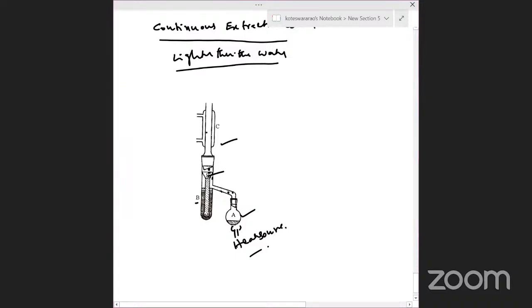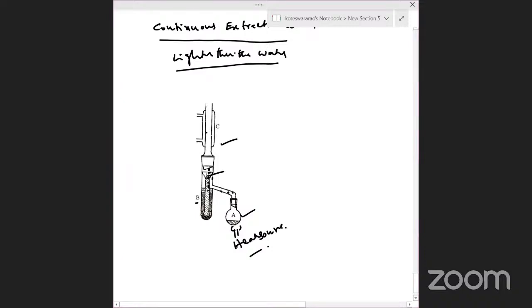That liquid falls down into the funnel. Once it falls down in the funnel, it is in contact with the sample solution present in body B, and whatever solute is present in body B will be transferred into the solvent.